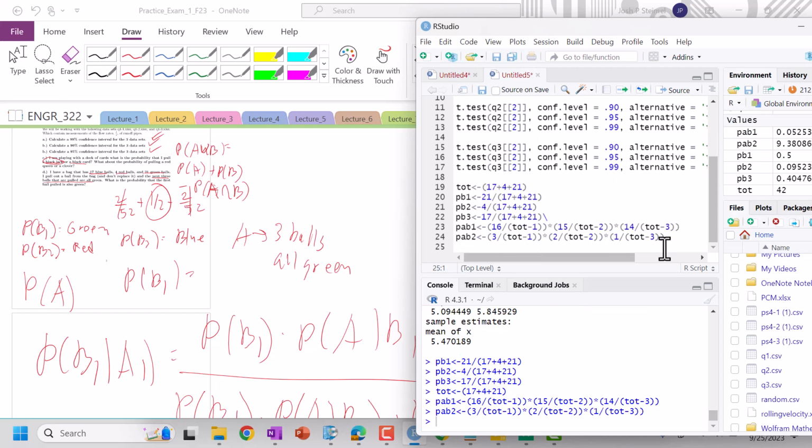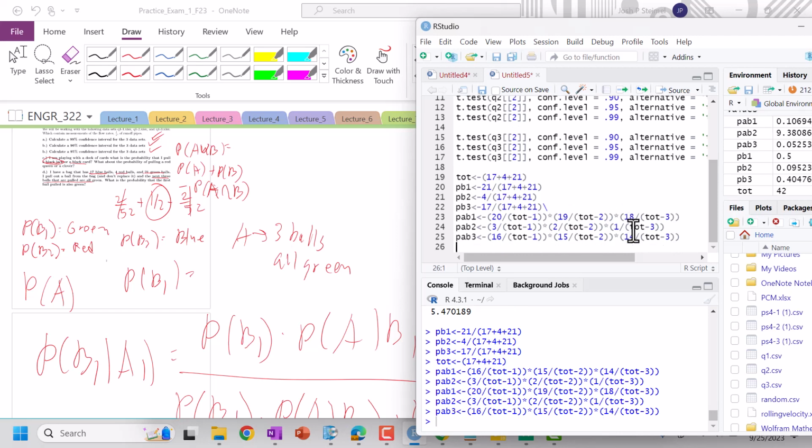Then for P(A|B3), the first one is green. We were at 21, the first one was pulled, so 20, 19, 18. Good news is that one's correct below.